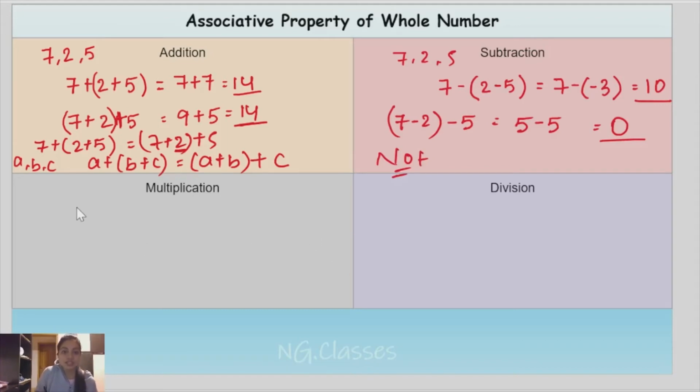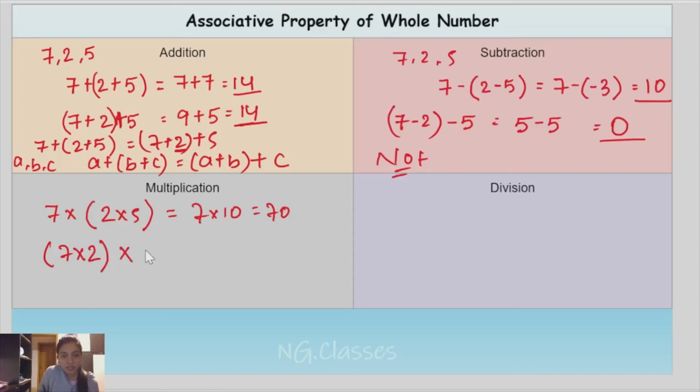Okay, same thing will apply for multiplication. So 7 into, if at first I multiply 2 and 5 and then 7, what will happen? 7 into 10 and it will be 70. What if I change the pattern, that is, I multiply 7 at first with 2, then I multiply the answer with 5?